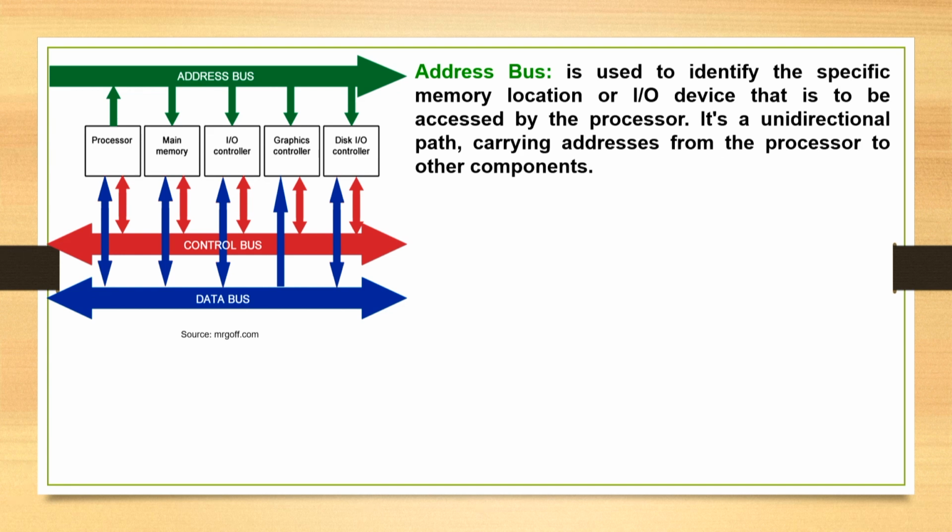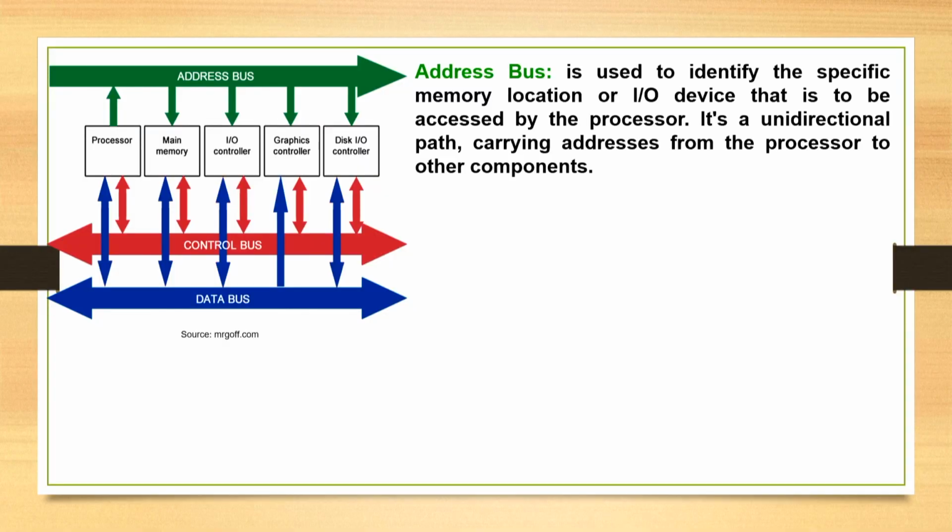That data is stored somewhere, and if we know the address of that, we can directly access it from the storage devices and it will be given to the CPU. It's a unidirectional path because it carries addresses from the processor to other components. So this is your address bus.